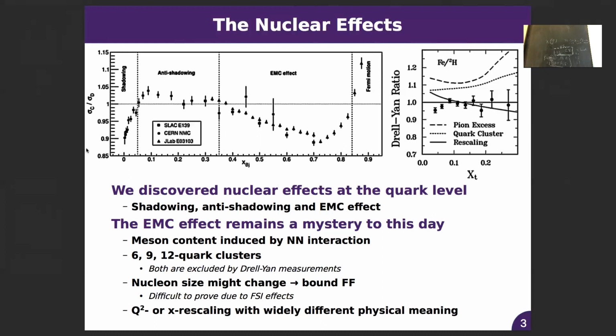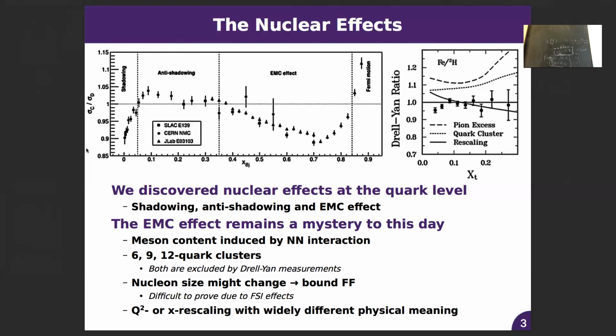So now there are a lot of other ideas. Did you change the size of the nucleon, leading to maybe some Q square change, or do you just remove energy from the nucleons with binding, and then you get X rescaling?